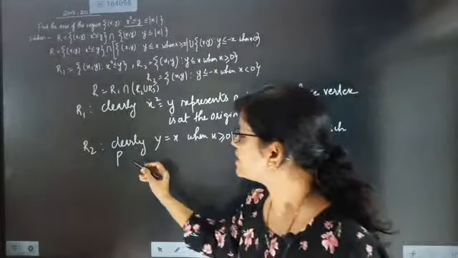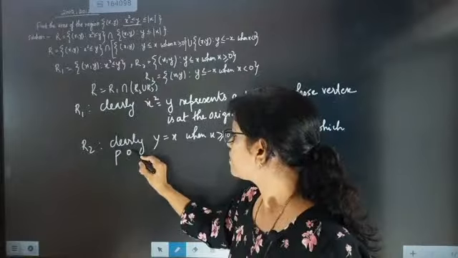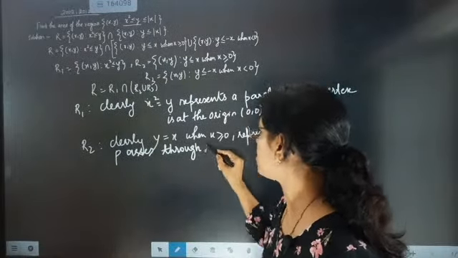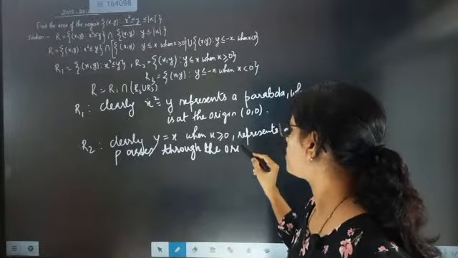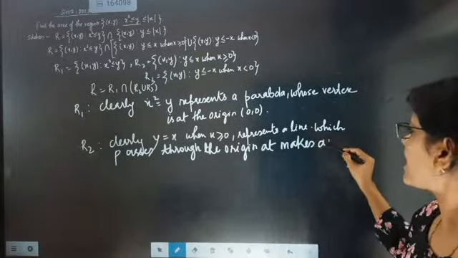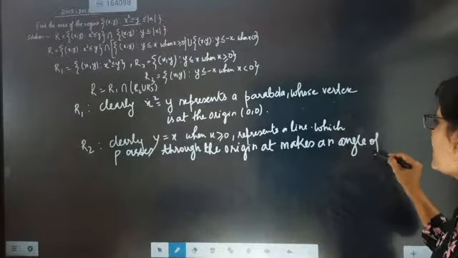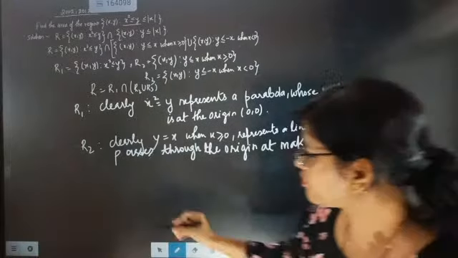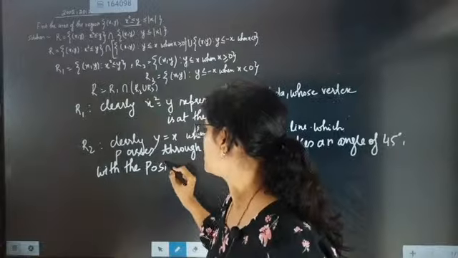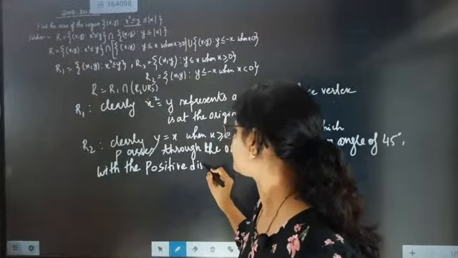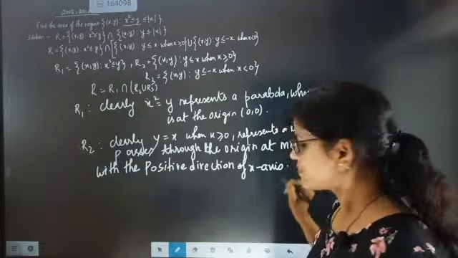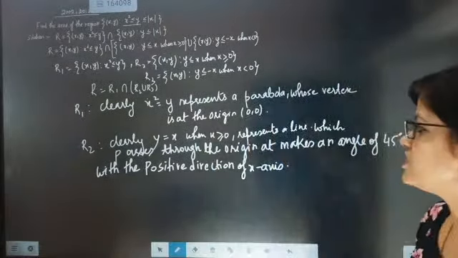It represents a line which passes through the origin and makes an angle of 45 degrees with the positive direction of the x-axis. So we have informed this point also.